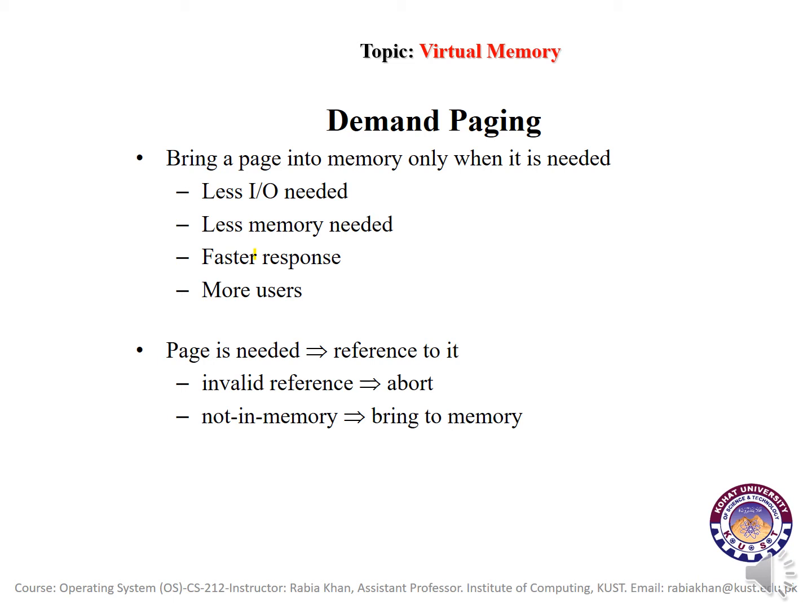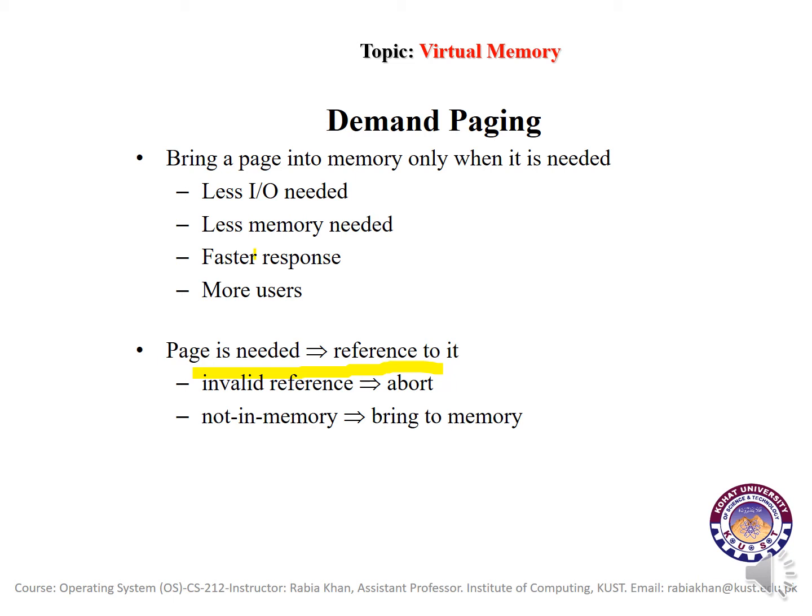If the reference is invalid, as you can see, first point, if the reference is invalid, that means the page is not present in the main memory. So that reference is aborted.